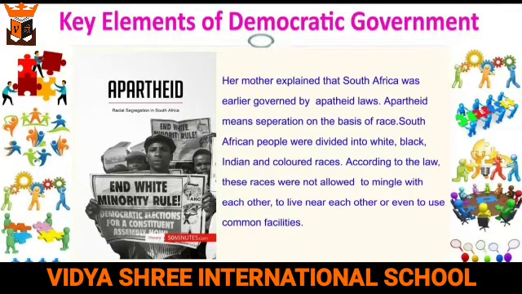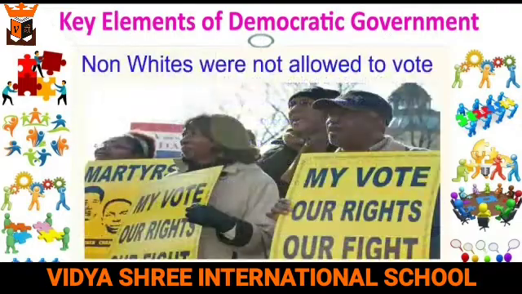Even the bus stops were different for black and white people. Non-whites were not allowed to vote. The best land in the country was reserved for the white people, and non-whites had to live on the worst available land. Thus, blacks and colored people were not considered to be equal to whites.